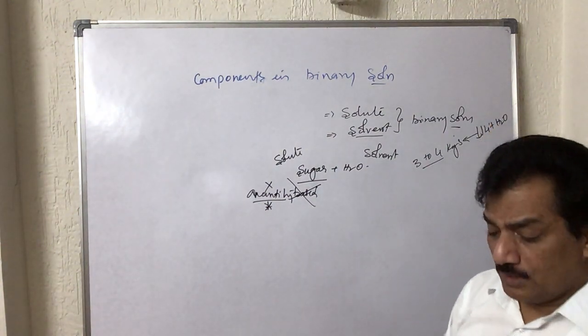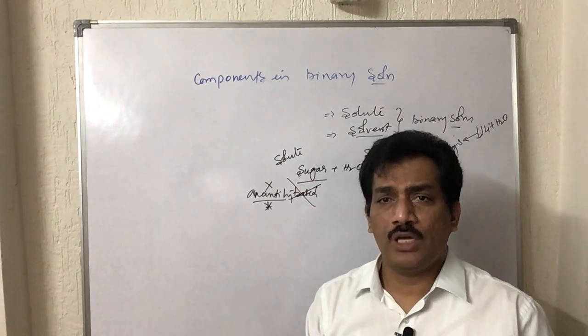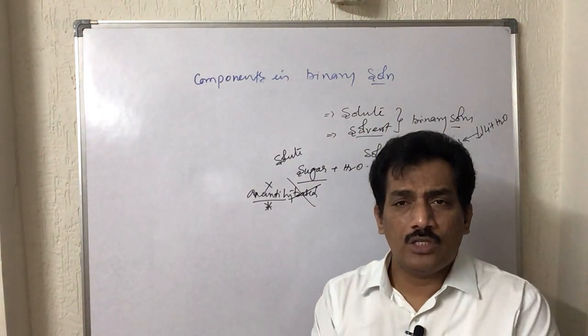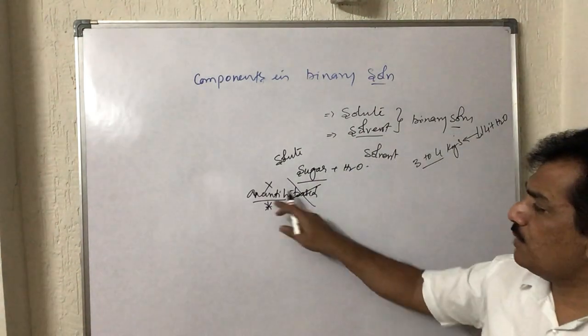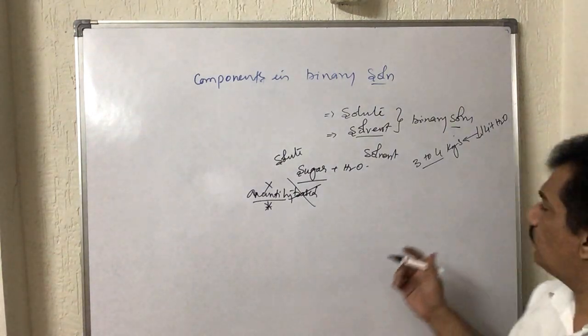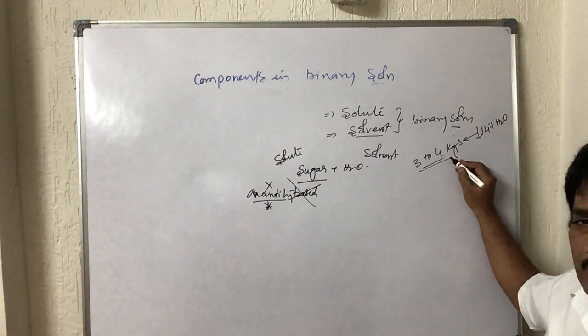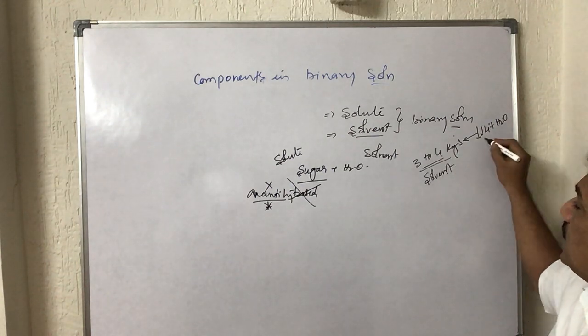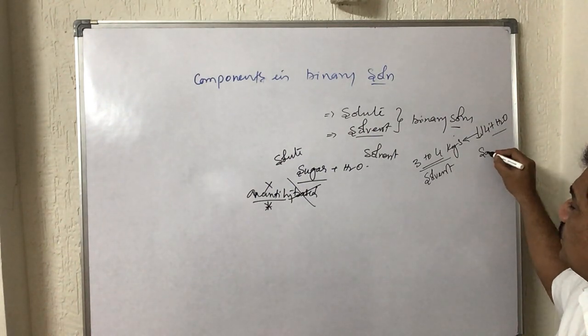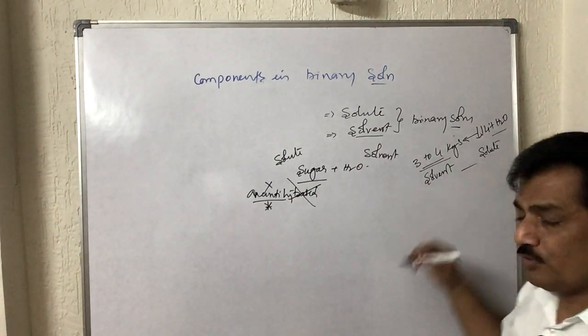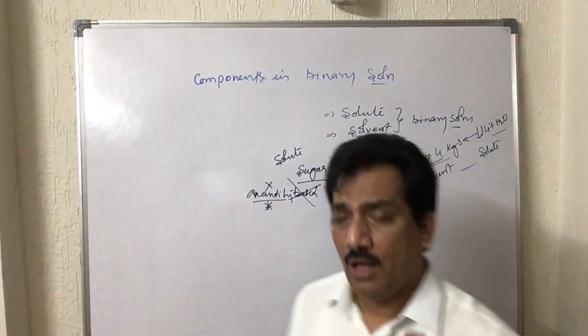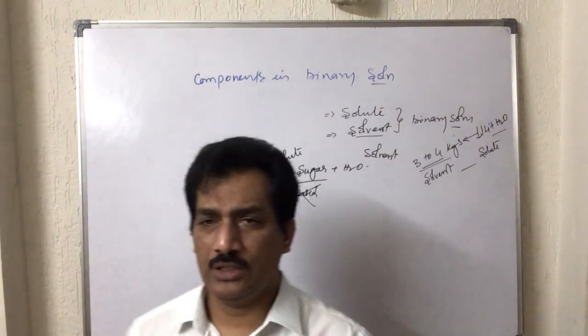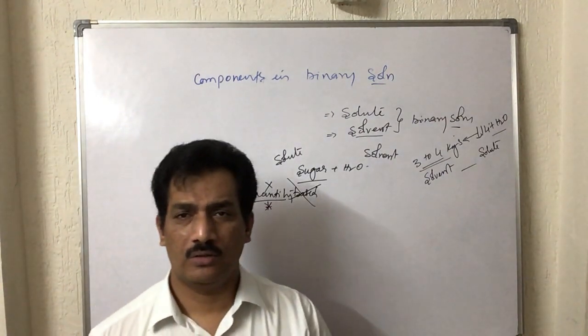So when that much sugar, 3 to 4 kgs, is dissolved in 1 liter, if the quantity based definition is correct, more quantity of sugar is present and hence it is solvent. Are you accepting this? And less quantity of water is present, hence it is solute. Can you accept that sugar is the solvent and water is the solute?